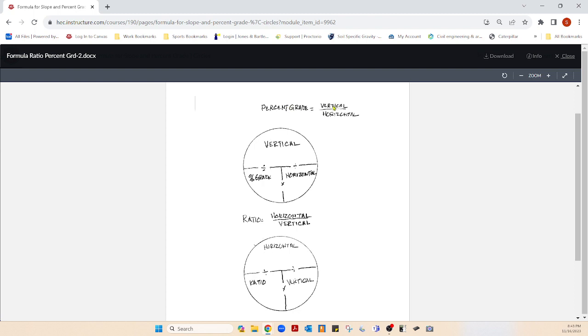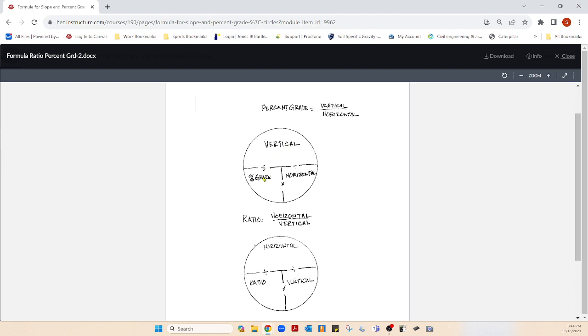This is a numerator, and this is a divisor, or vice versa. But I got to change the function when I move it over here. Now, dealing with percent grade, if I know the percent grade and the vertical, what does this tell me to do? It says to divide the vertical by the percent grade.